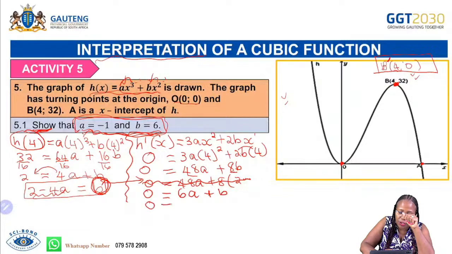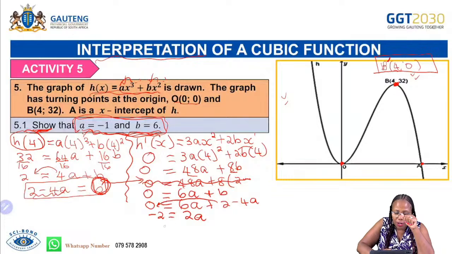All right, we have 0, we have 6a. For b, we are substituting 2 minus 4a. And then 6a minus 4a, that is 2a. And this 2 we transpose to this side, it will be minus 2. Divide by 2 both sides, therefore a will be negative 1.